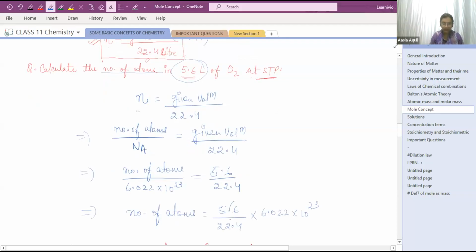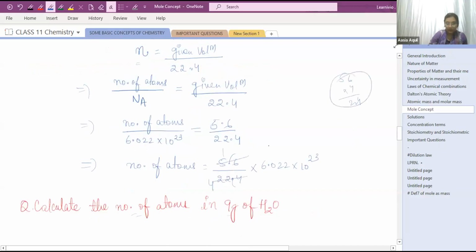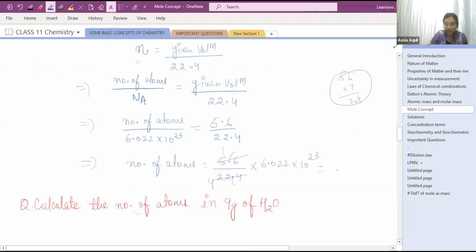One decimal cancels out. So 56 ones are 56 and 56 fours are 224. So you will get 6.022 upon 4, into 10 to the power 23 atoms.